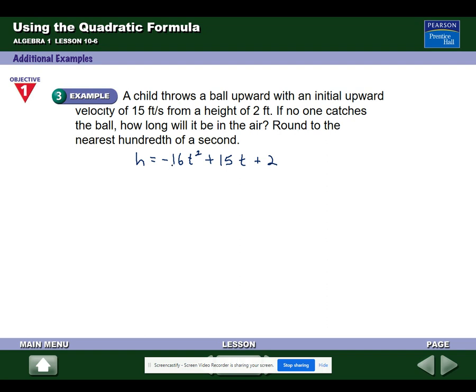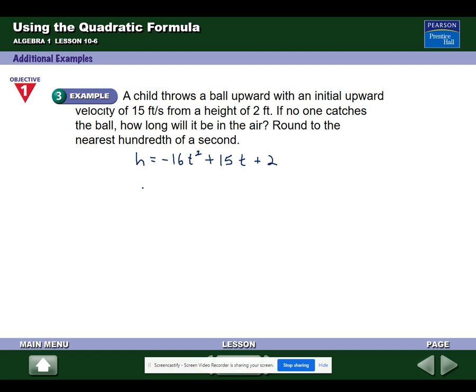And I mean bigger irrespective of the sign. Because this one's negative, this one's positive, this one's negative, this is going to be a bigger negative number as t gets larger. So this term starts to take over. That's when the ball that gets thrown up in the air hits a peak, and then comes back down. This is the gravity term. This is just the initial throw, and then the +2 is the height.